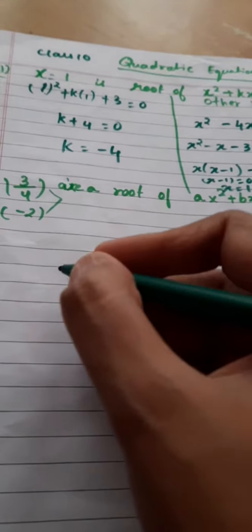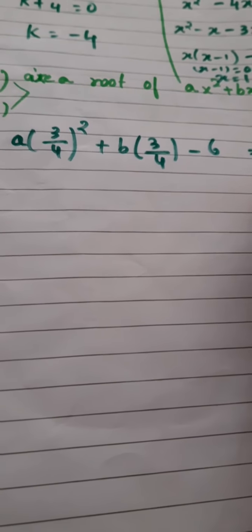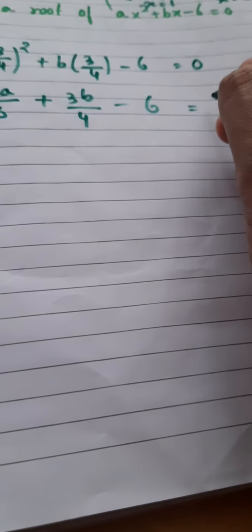Next, 3 by 4 and minus 2 are the roots of ax square plus bx minus 6 equal to 0. So a into 3 by 4 square plus b into 3 by 4 minus 6 equal to 0. So that's going to be 9 by 16a plus 3b by 4 minus 6 equal to 0.